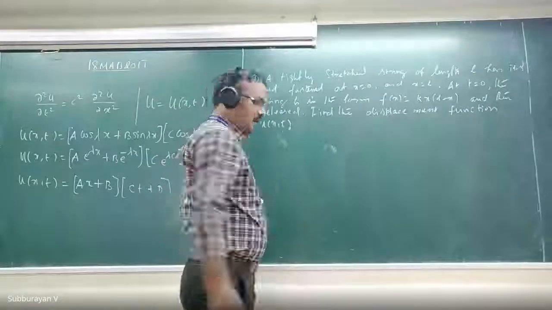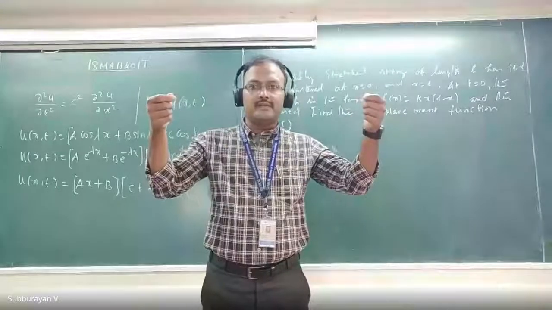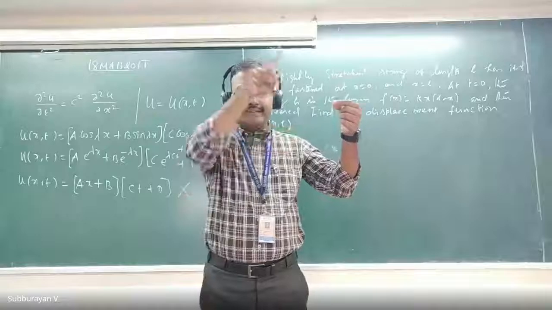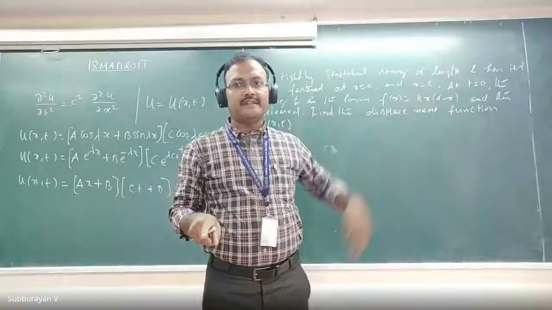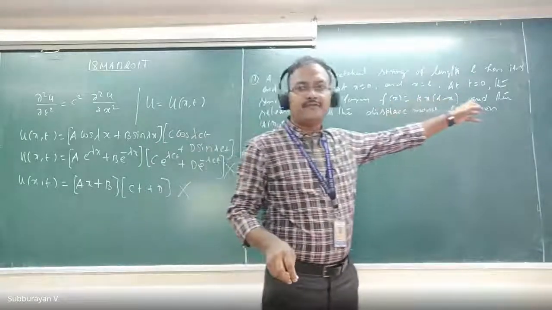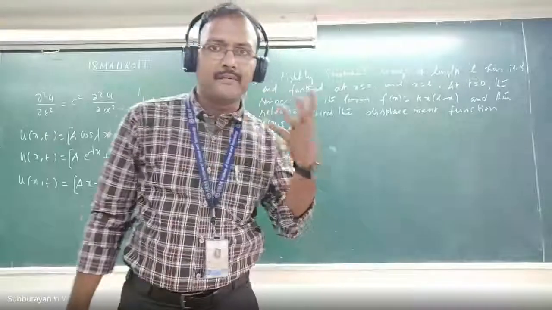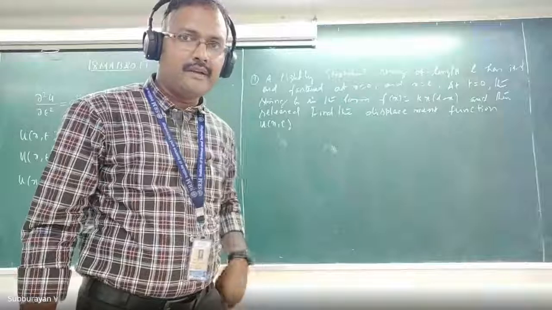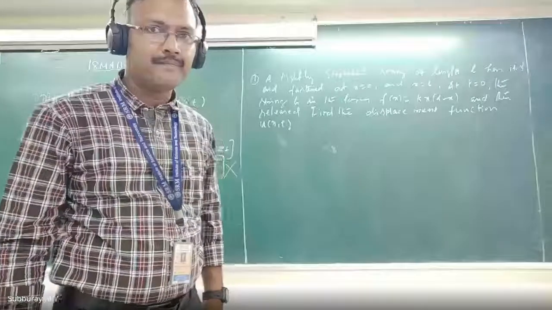There is a string of length L. It is fixed at the points x equal to 0 and x equal to L, and initially the string is in the form kx(L minus x). What is the form ax squared plus bx plus c? What is the name of this mathematical equation? Anybody?